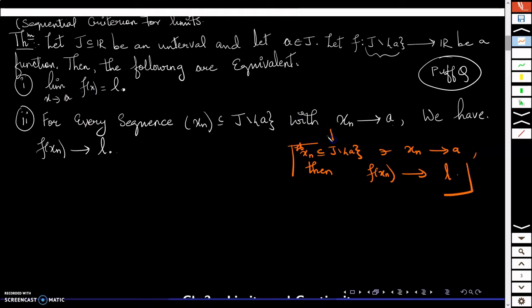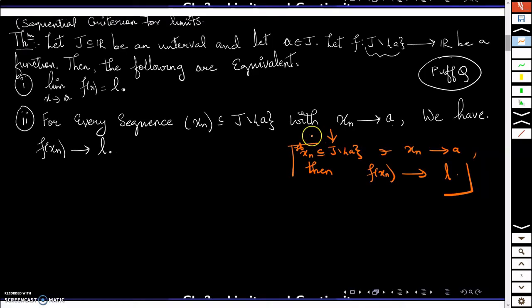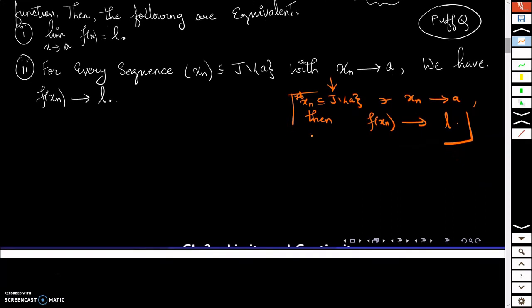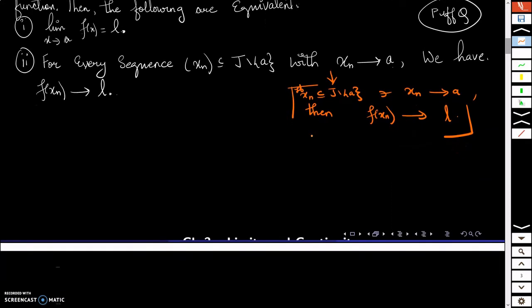We want to show that these two statements are equivalent. So we will assume 1 and prove 2, and we will assume 2 and prove 1. Let's assume 1 and prove that 2 will hold. Here goes the proof, 1 implies 2.